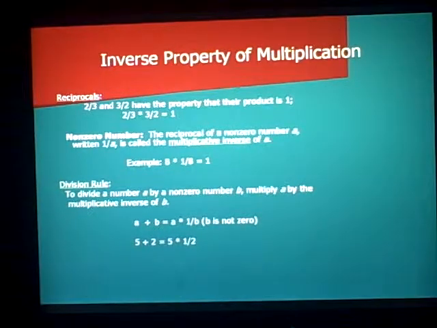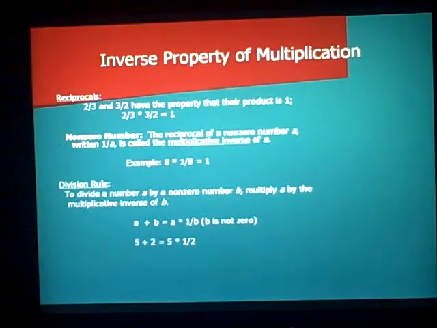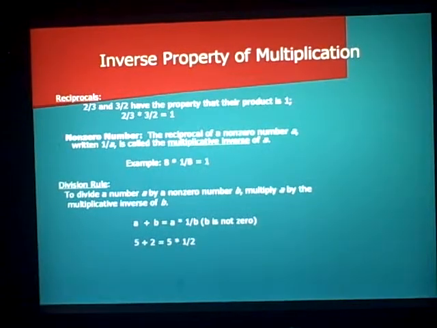That is, if we flip 2/3 over and put the denominator in the numerator and the numerator in the denominator, we multiply those together, we get the number 1. The reciprocal of a non-zero number a, written as 1 over a, is called the multiplicative inverse of a. So 8 times 1/8 equals 1.